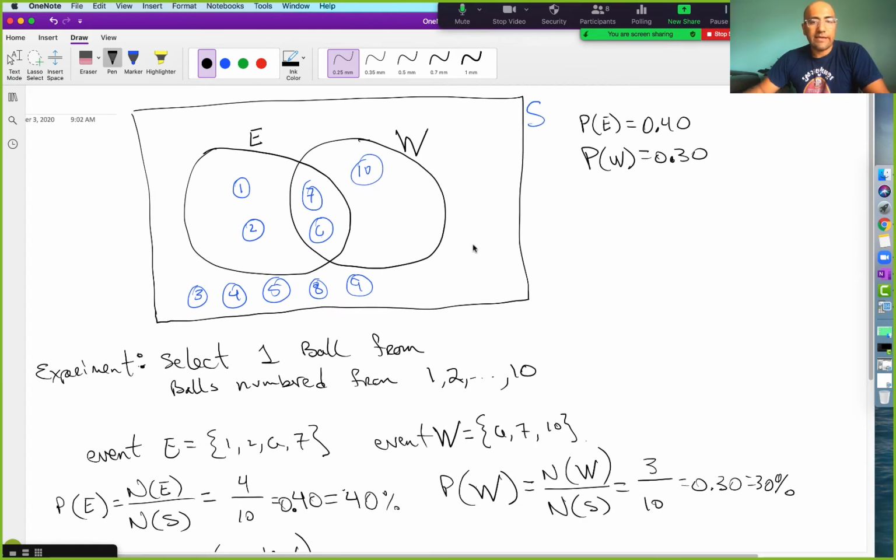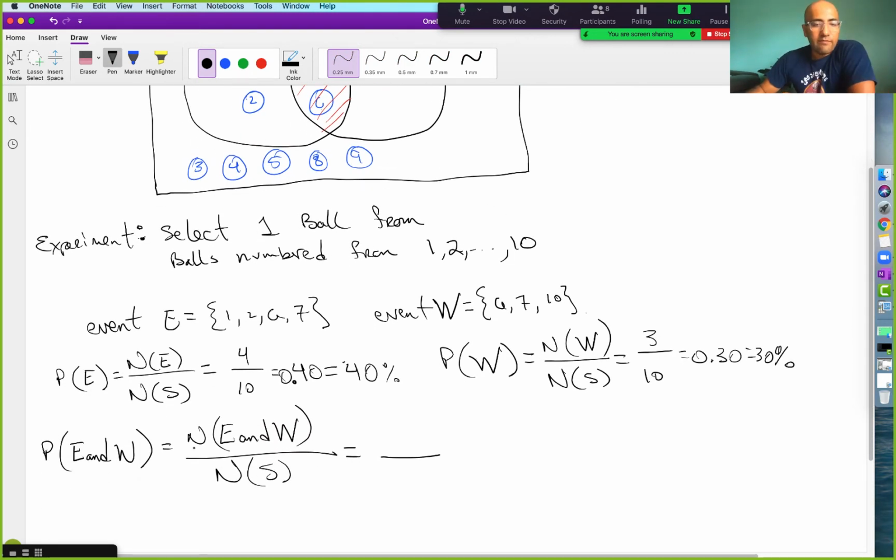We have the benefit of a nice Venn diagram to figure out all possible outcomes. And there are 2 ways in which E and W both happen at the same time. That's this little football-shaped region in the center that represents the overlap. Good. Okay, so there are 2 ways that event E and W can happen, divided by the number of values in our sample space. So that means that this is equal to 0.20 or 20%.